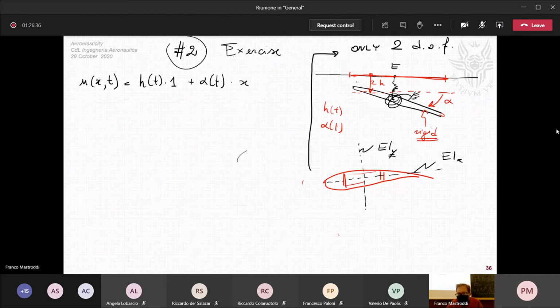It means the following. If you want to represent this continuous function u(x,t), the displacement field, the displacement field is the summation of this constant, the red line, plus the rotation. Of course, this dynamic is linearized.